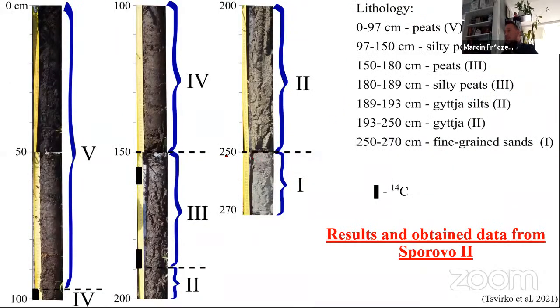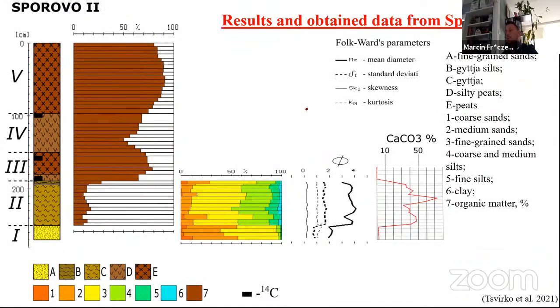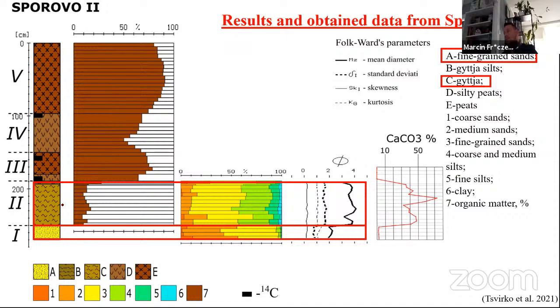We can see that the bottom sediments are clearly different than our sediments on the top. And when we compare them using sedimentological analysis, we can say that on the bottom we are dealing with gyttja sediments, and these sediments are lying on fine-grained sands, which is probably the remnants of the fluvioglacial plain.